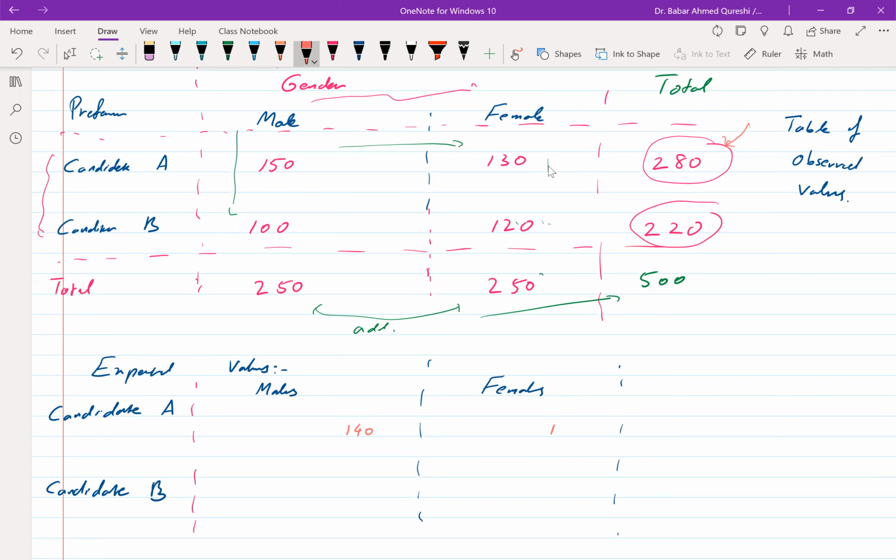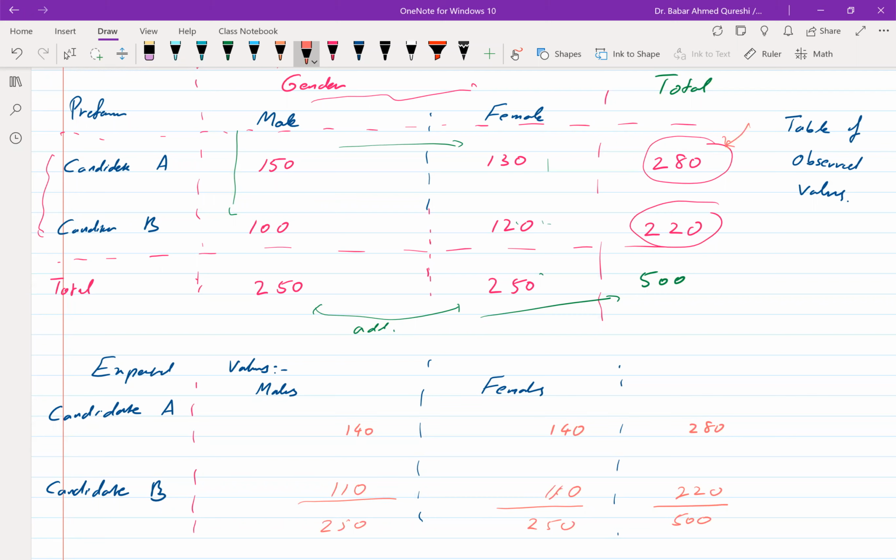So I was expecting 140 and 140 here. Similarly, candidate B has 220, so I should have expected an equal number. This would be divided equally, and if I sum, the numbers would still be as before. So this I was expecting.